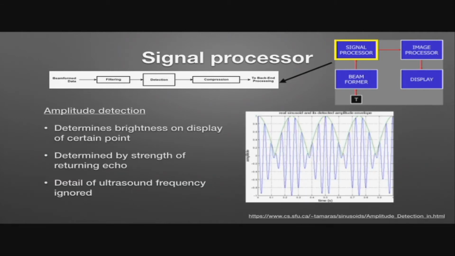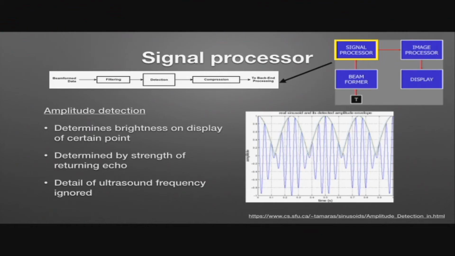Amplitude detection is the next stage. And this is all about trying to determine the brightness on the display of each certain point. And what the machine will do is, looking at some of this digital information, it will determine, based on the amplitude, the strength of that returning echo. And again, the greater the amplitude, or the greater the strength of that returning echo, the greater the brightness on the display.